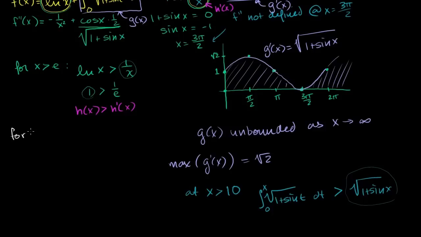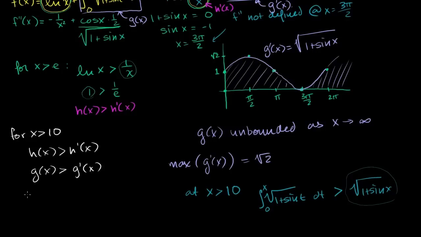So for x greater than 10, well, 10 is definitely greater than e. We know that h of x is greater than h prime of x. We know that's true. And we also know that g of x is greater than g prime of x.